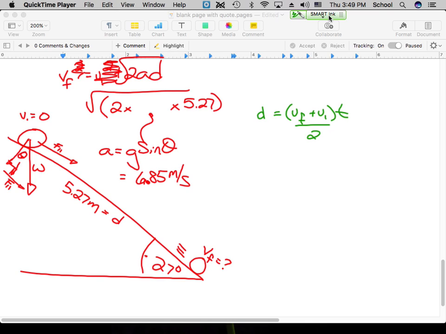So then solve for T: T just stays there, this comes up, the VF goes to the bottom. Since the VI was 0, we can ignore it, and we end up with that. So we had the D was 5.27, and the VF now we know is 6.85.